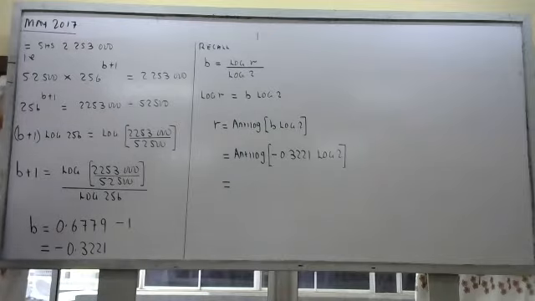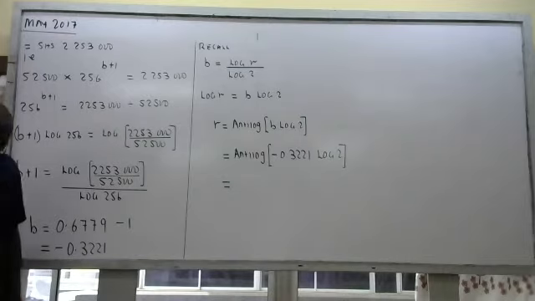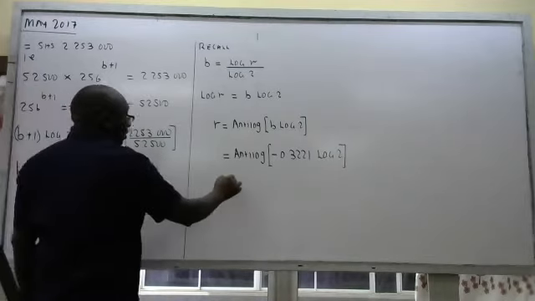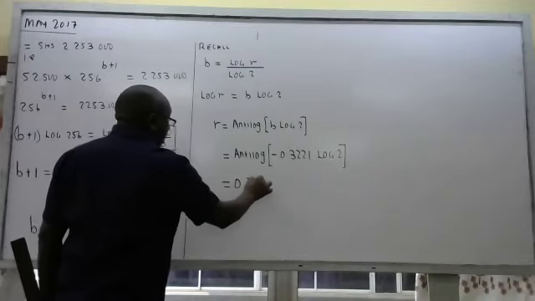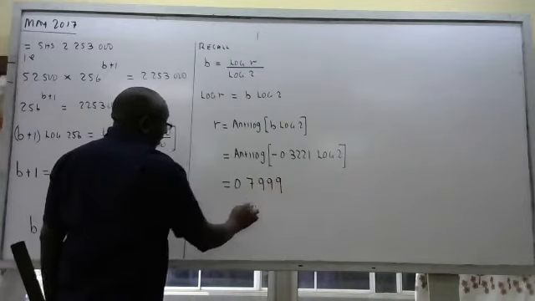So minus 0.3221 times the log of 2 equals, shift log the answer. I'm getting 0.7999.